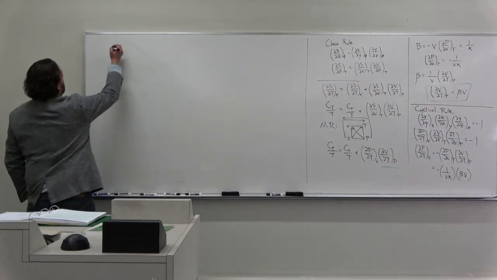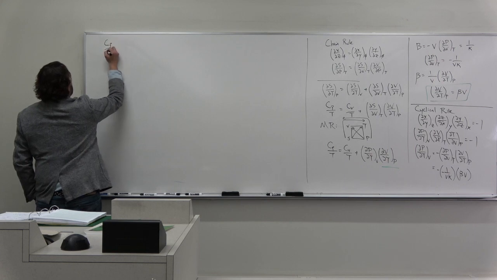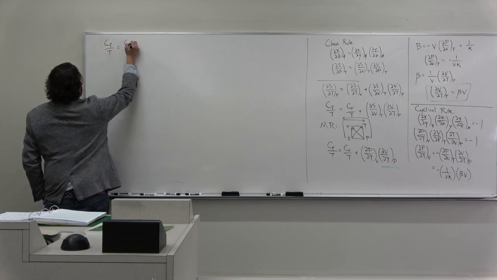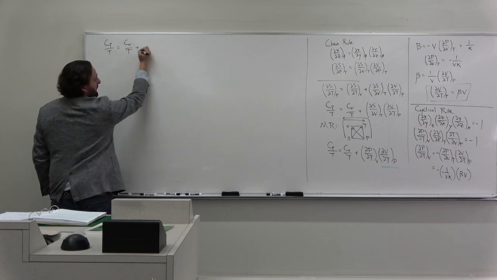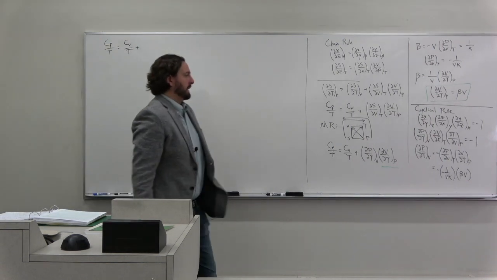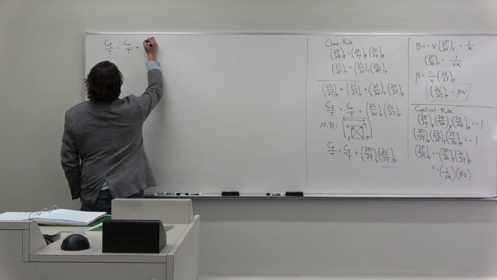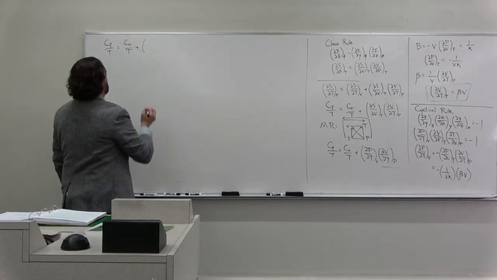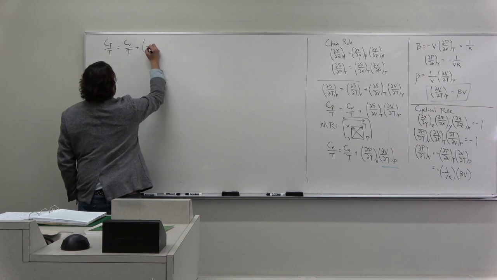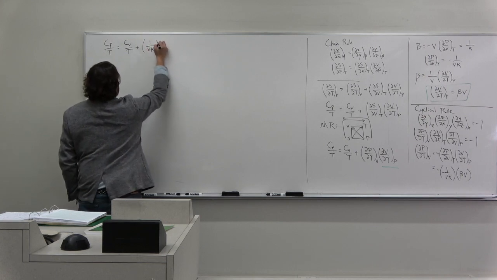Okay, so finally we can write Cp over T equals Cv over T plus, so we're going to have minus a minus kappa V, so that's just 1 over V kappa.